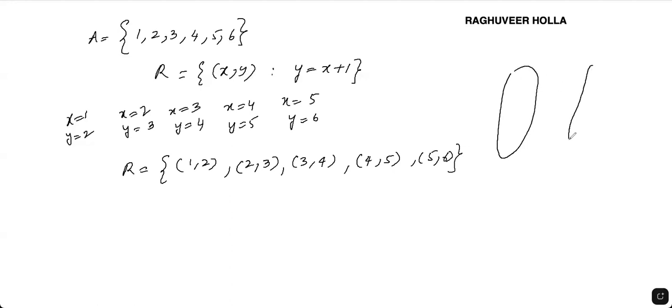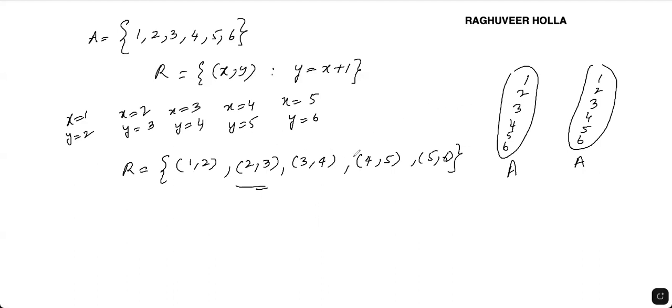If you look at this in A cross A, with 1, 2, 3, 4, 5, and 6 again, here you have the relations 1 comma 2, 2 comma 3. Can you tell me the domain of this?